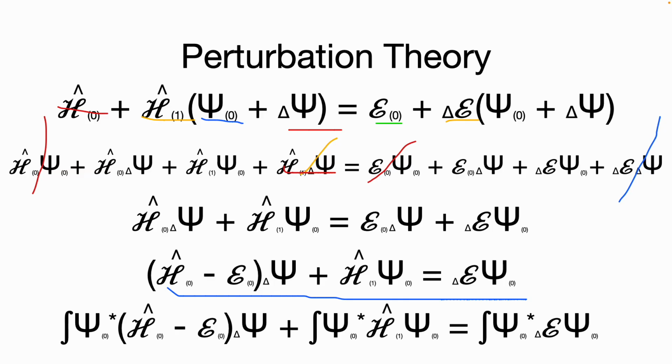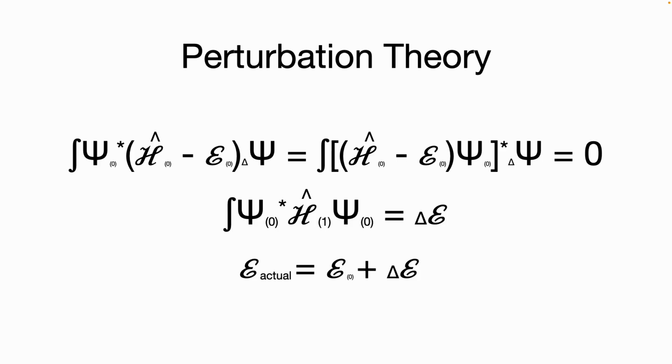Now there's a property of Hermitian operators that we can use to remove even more terms, and once we apply that property, what we see is that one of the terms in our expression goes to 0, and this is because H0 acting on psi 0 is equal to E0 times psi 0, and this follows from the fact that psi 0 is an eigenfunction of the exactly soluble Hamiltonian, and E0 is an eigenvalue of the exactly soluble Hamiltonian.